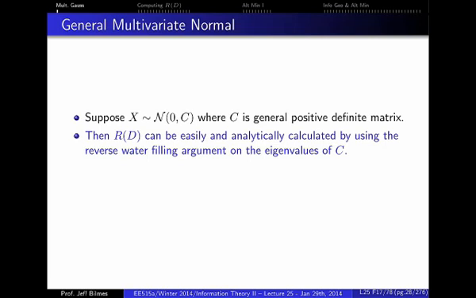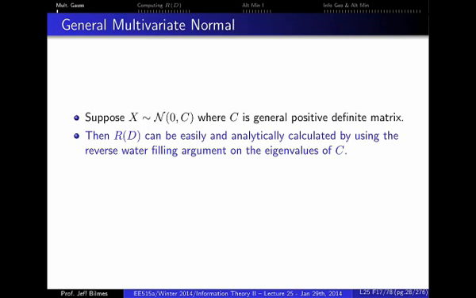Very similar to what we did in the channel capacity case, we decorrelate by doing spectral factorization of the covariance matrix and rotate the matrix into its orthogonal directions, where the variances essentially become the eigenvalues of that covariance matrix. And then if there's a joint distortion constraint, which we saw, we would run the reverse water filling argument on the eigenvalues of C.